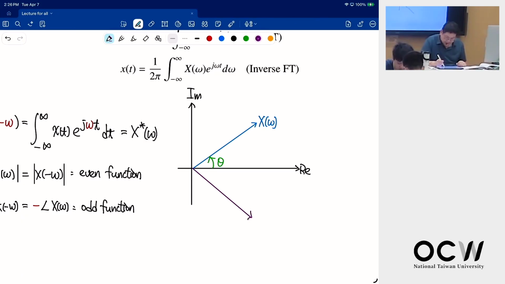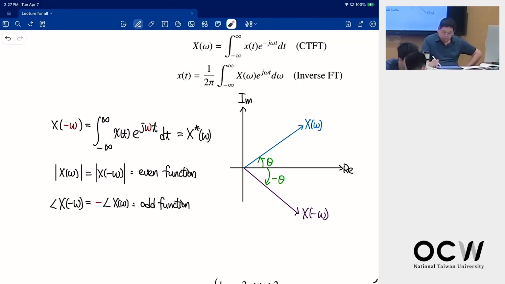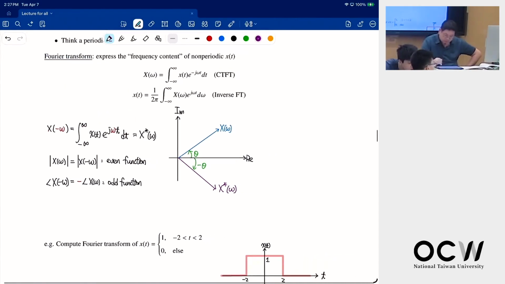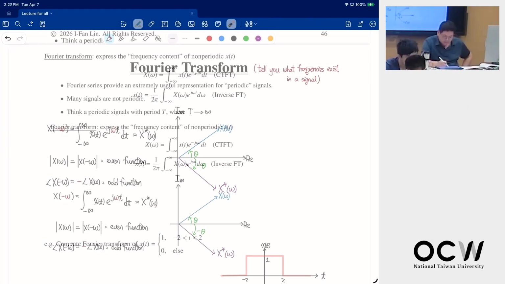Then this one is x of minus omega, which is x conjugate. Same thing. So the magnitude is an even function, but the phase is an odd function.